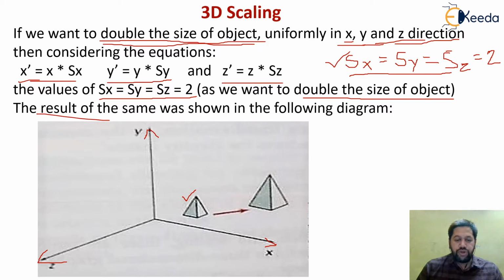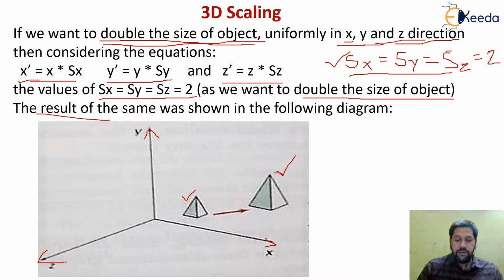I have the original object, and if I double the size of the object, how will the object look? My object will look something like this. You can find this object represented in three dimensions, and we are going to double its size.